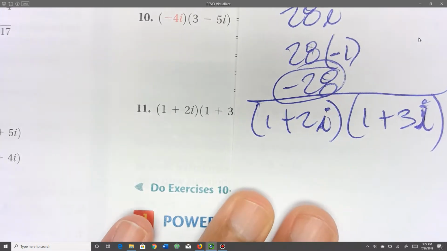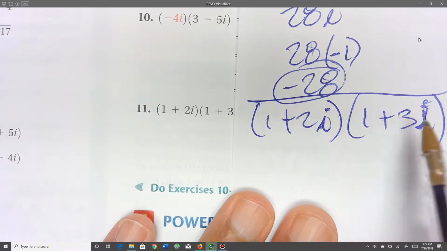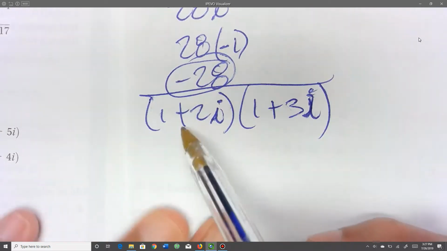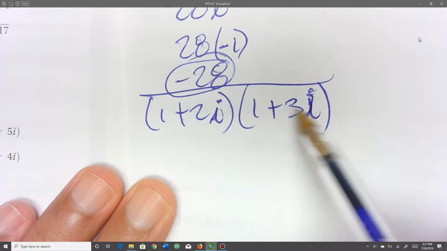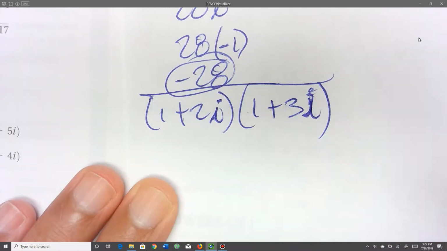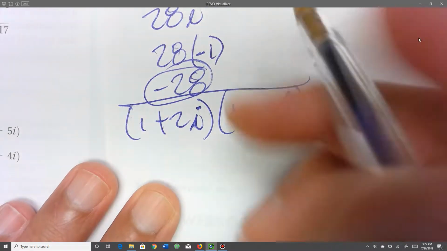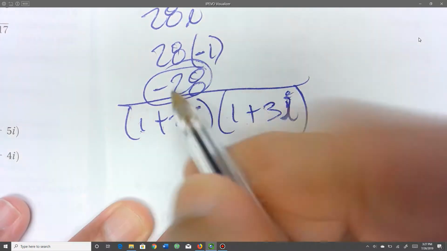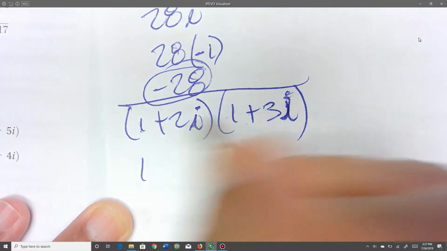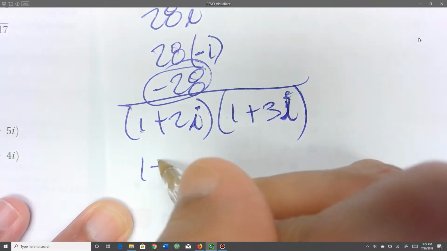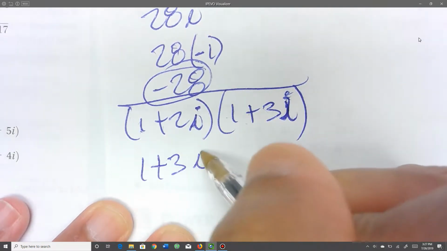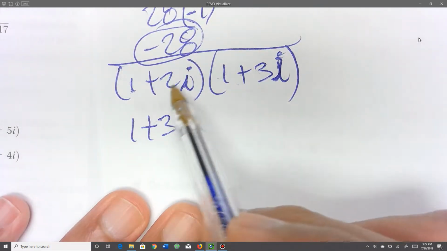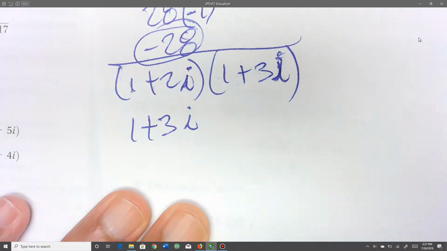Because notice that we are starting with i's to the power of 1. Well, if I multiply, since these are two terms in two different factors, I need to multiply this 1 times all of these terms. So 1 times 1 is 1. 1 times positive 3i is 3i. And then multiply the second term times all these other terms.